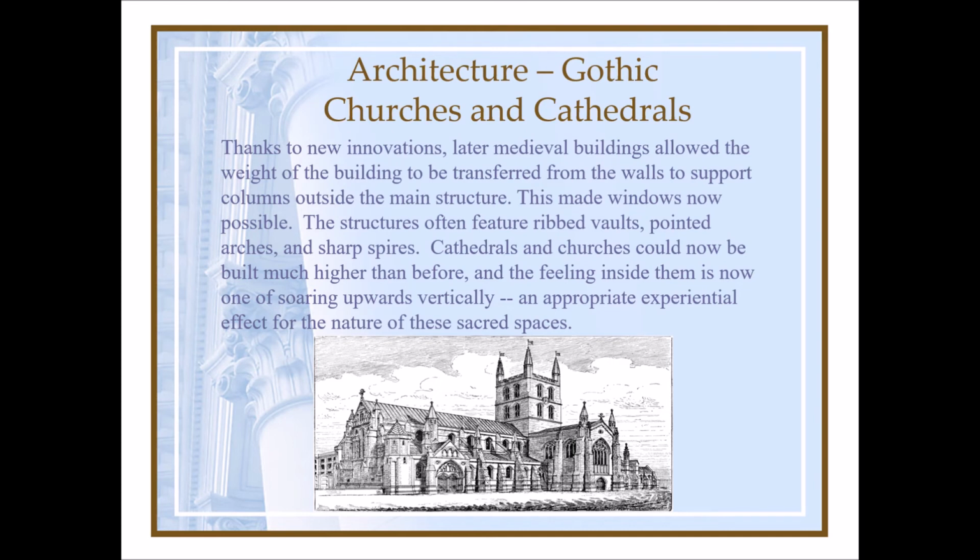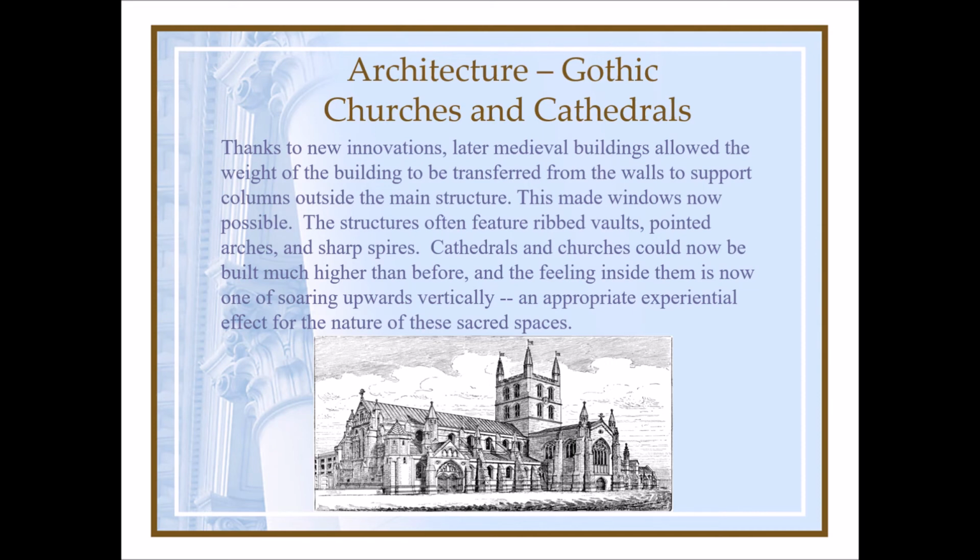The structure often featured ribbed vaults, pointed arches, and sharp spires. Cathedrals and churches could now be built much higher than before, and the feeling inside them is now one of soaring upwards vertically, an appropriate experiential effect for the nature of these sacred places.